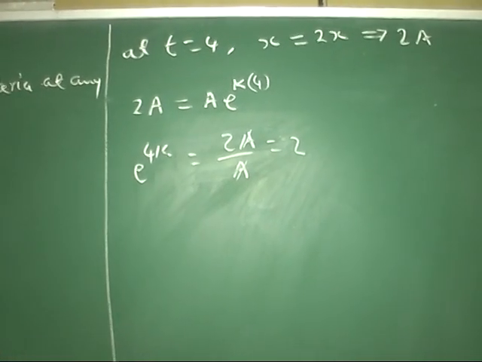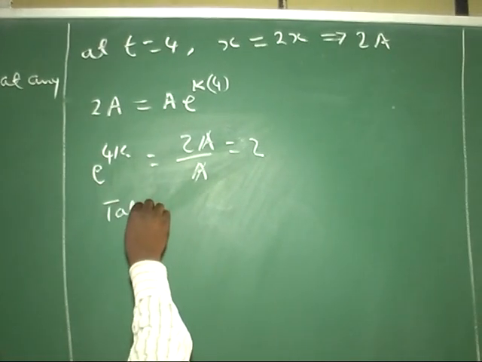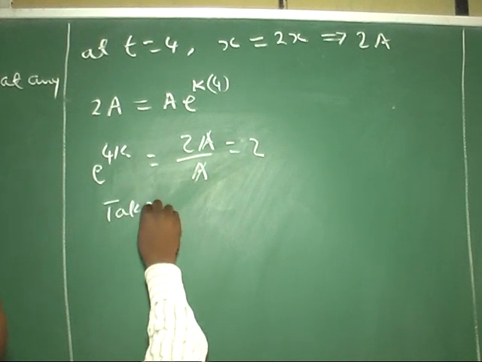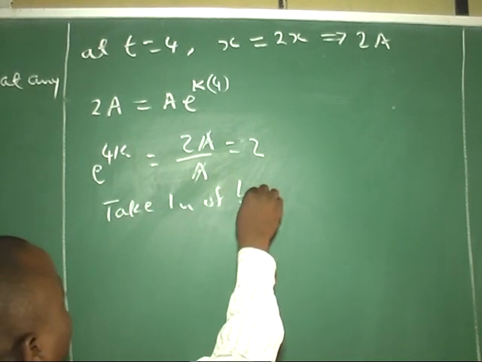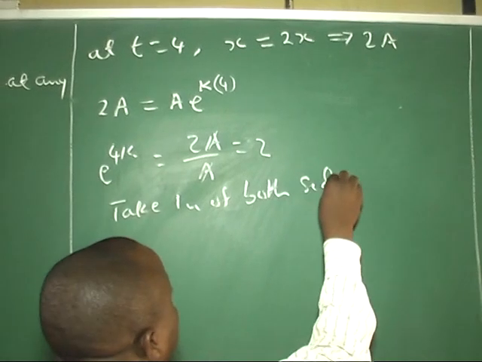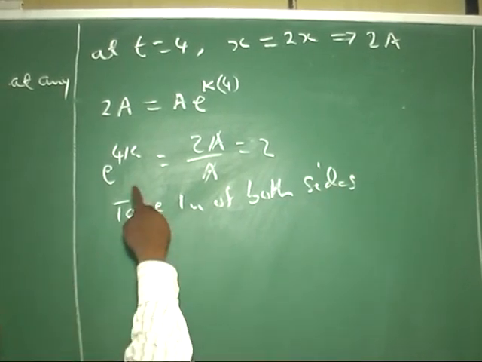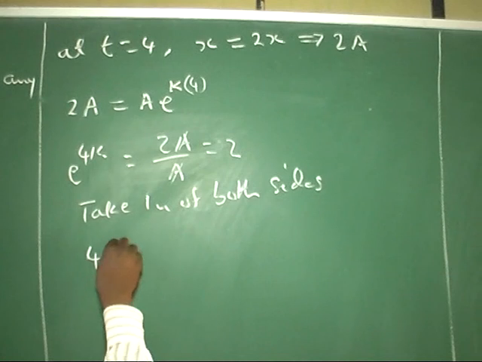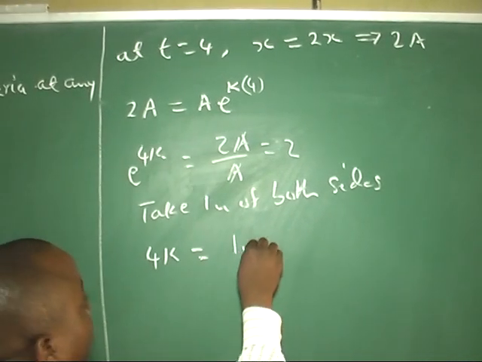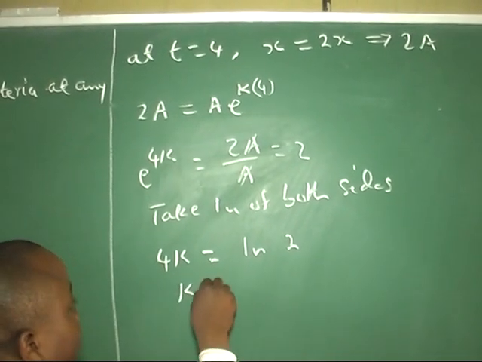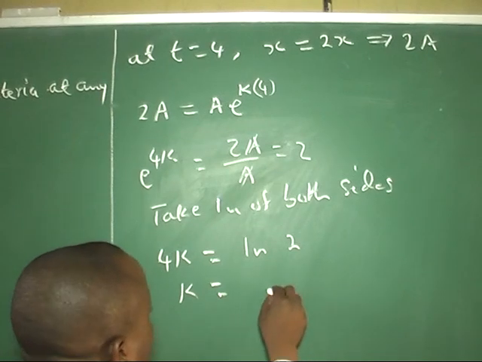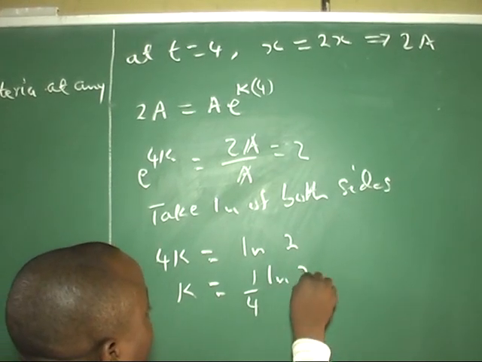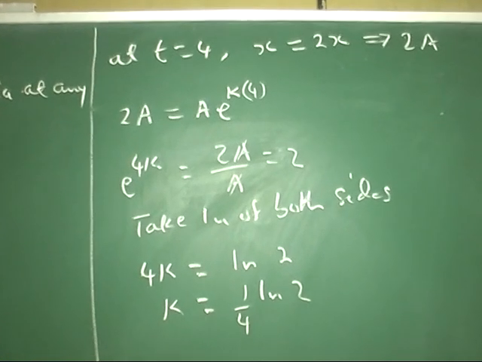Now, if we take ln of both sides, we will have that 4k is equal to ln 2, so that k will be equal to 1 all over 4 ln 2. You see that? So 1 over 4 ln 2.